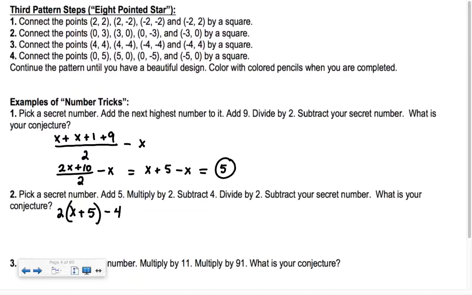We take our whole result and we divide by 2. And then we subtract our secret number. So it's looking like that: 2 times the quantity of x plus 5, all minus 4, divided by 2, and then minus x. So we get 2x plus 10 minus 4 divided by 2 minus x.